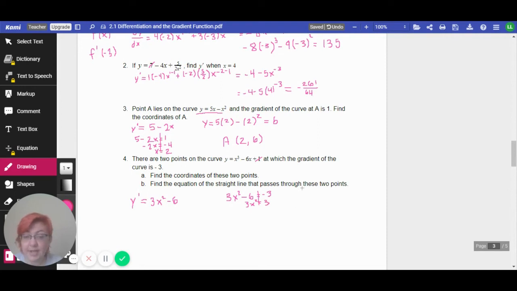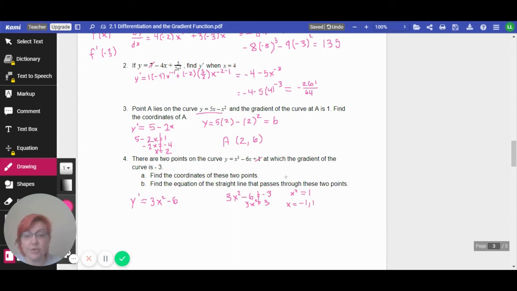If I divide both sides by 3, I find that x squared is equal to 1. So then, x must equal the square root of 1. Now, remember, that's going to be positive 1 and negative 1 because I can get 1 by doing 1 times 1 or by doing negative 1 times negative 1. So x is negative 1 and 1.